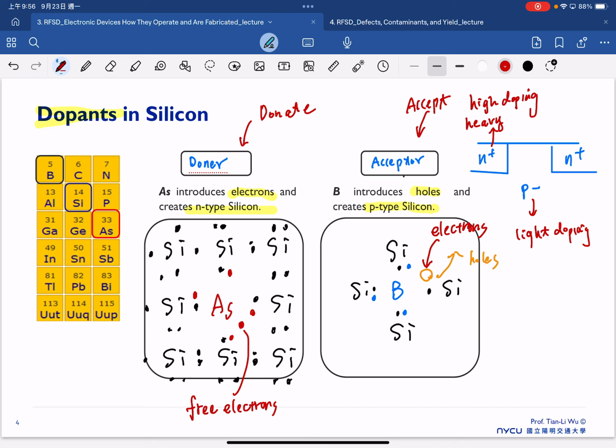So that's the first thing you need to know about how we can form different concentrations in silicon by doping with a donor-type material or an acceptor-type species. Donor type basically introduces electrons, and acceptor type introduces holes.